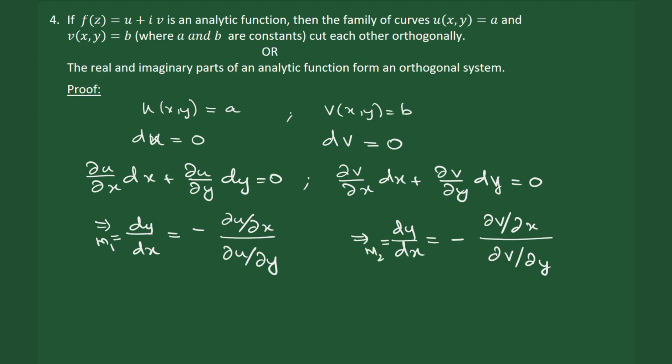Since we need to prove both curves cut each other orthogonally, the condition is that the product of their slopes should be minus 1. So we have to prove m1 into m2 is equal to minus 1, and then we can conclude the result.